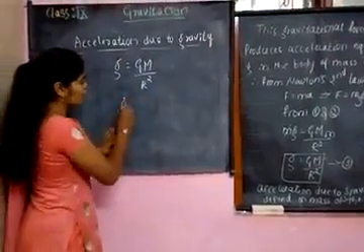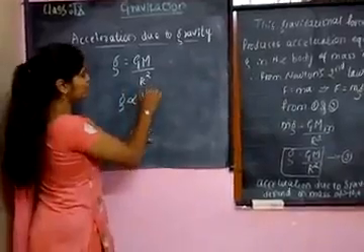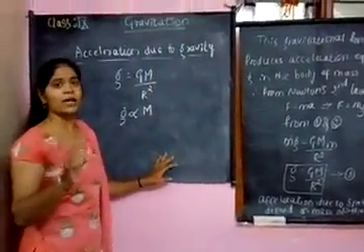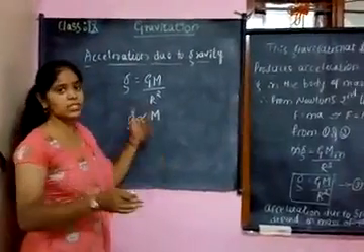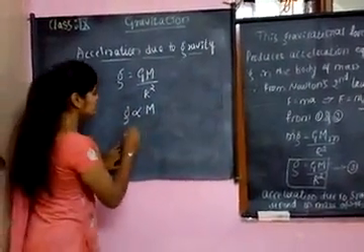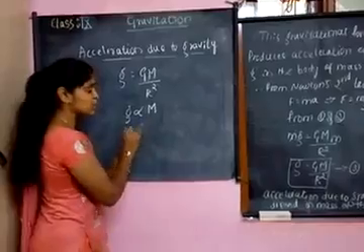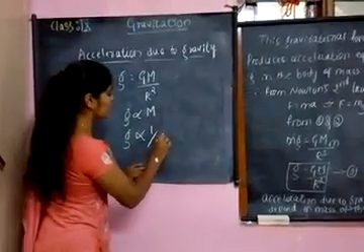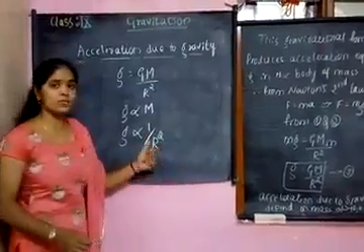This acceleration due to gravity is directly proportional to capital M, because G is a universal constant and we do not consider this constant. And the acceleration due to gravity is inversely proportional to the square of the radius of the earth.